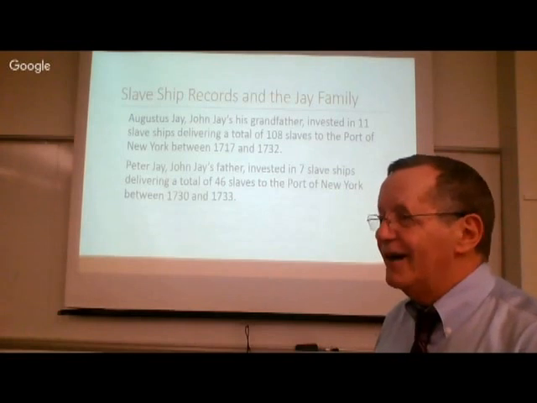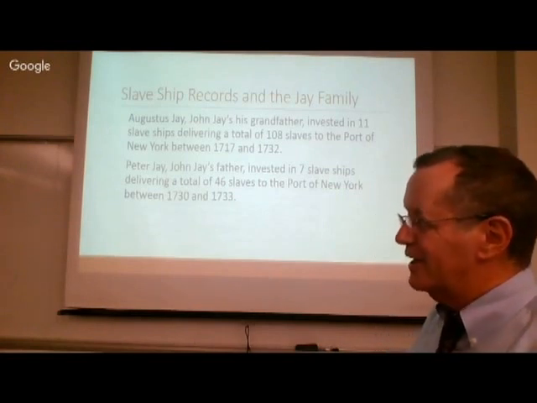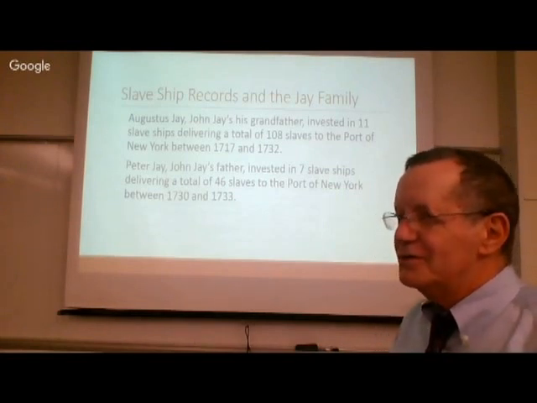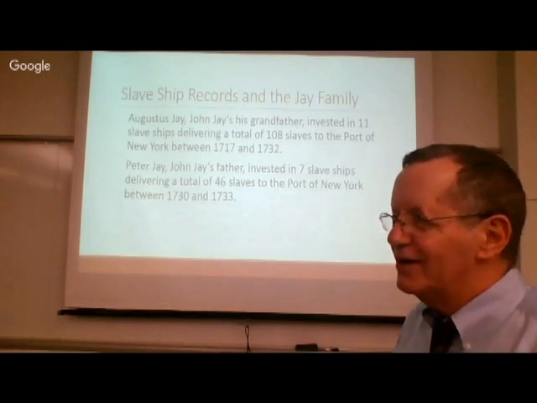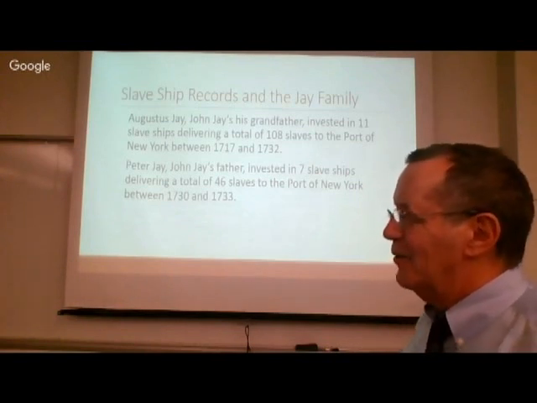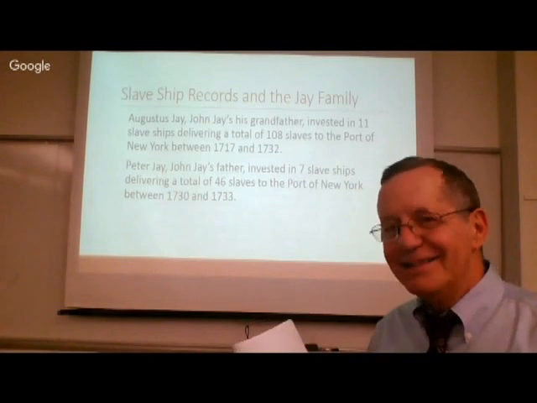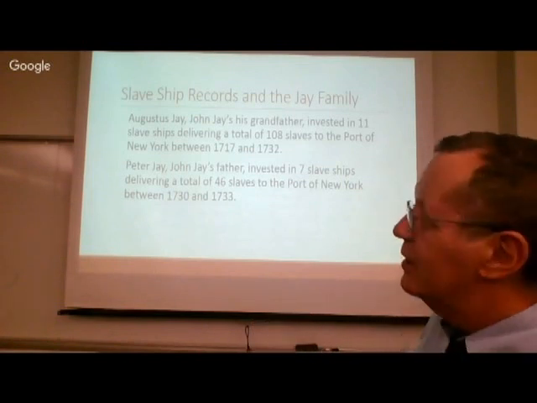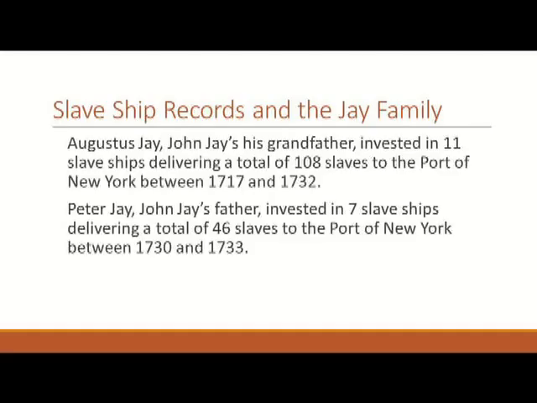Interestingly enough, when we finally got the ship records together and proceeded to do some analysis, we asked one of our typical questions. Well, what's the story here for John Jay? And what we learned was that John Jay's grandfather invested in 11 slave ships, delivering a total of 108 slaves to the port of New York between 1717 and 1732.